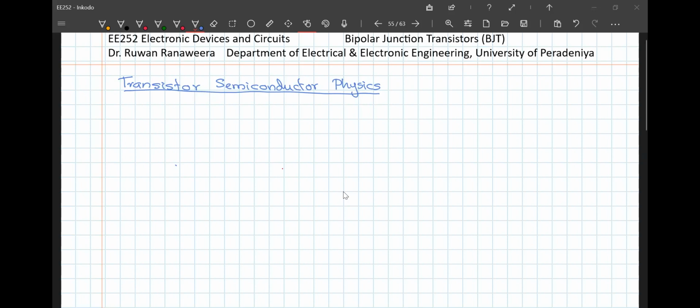All right. So now, when you want to form, or we call fabricate, a transistor, or even a diode, what we have is a junction between an N-type and a P-type semiconductor.